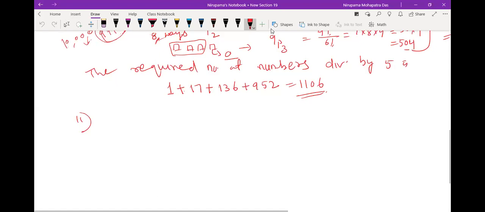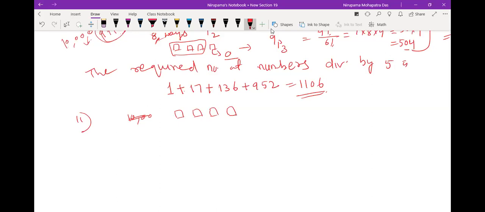So here you have the 4-digit numbers. Basically, divisible by 25. We are taking 4-digit numbers basically, and those numbers are less than 10,000.